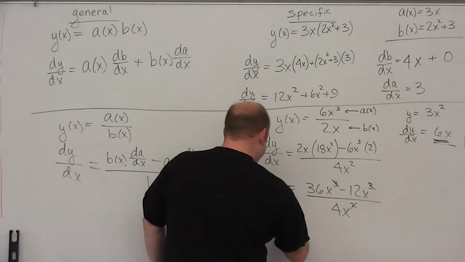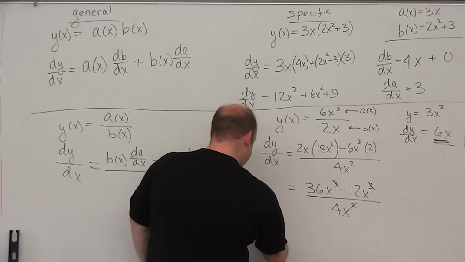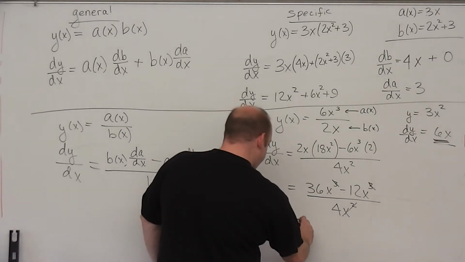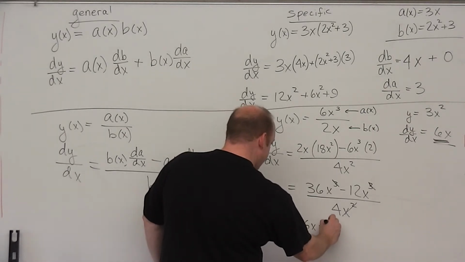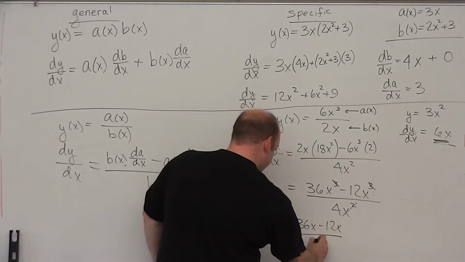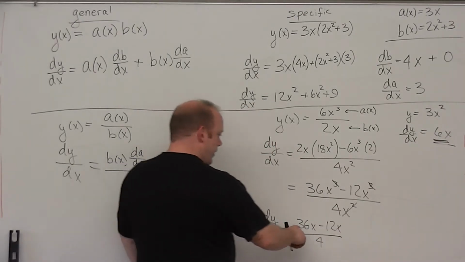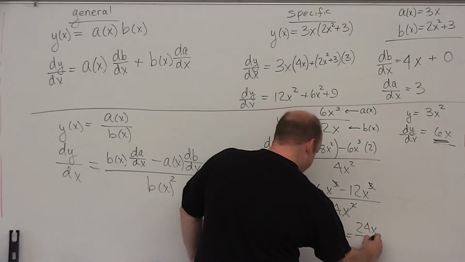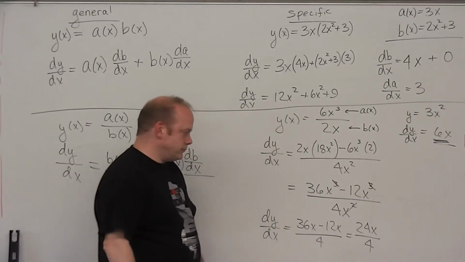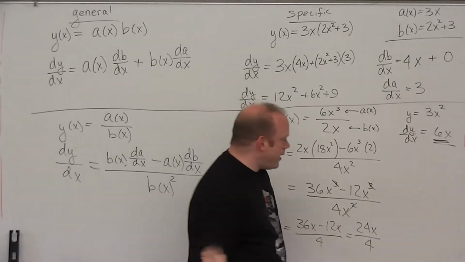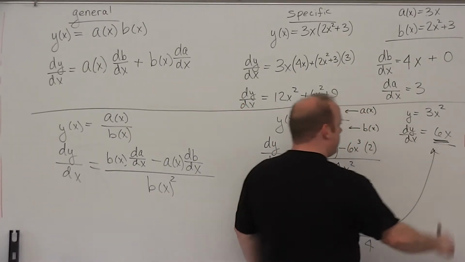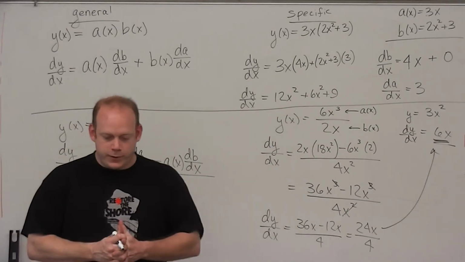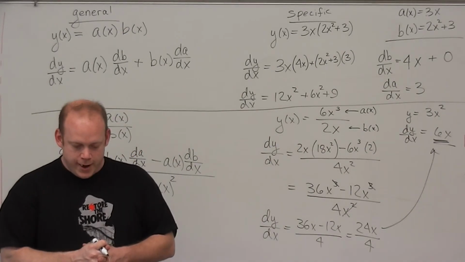So now what I'm left with is dy/dx is equal to 36x minus 12x over 4. That's 24x over 4. Divide 24 by 4 and get 6x. So that's the quotient rule.